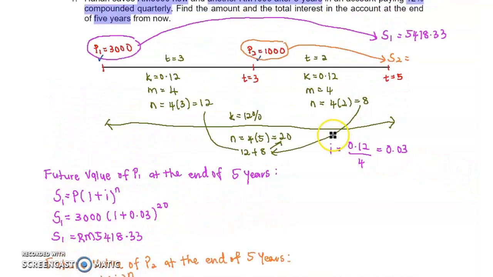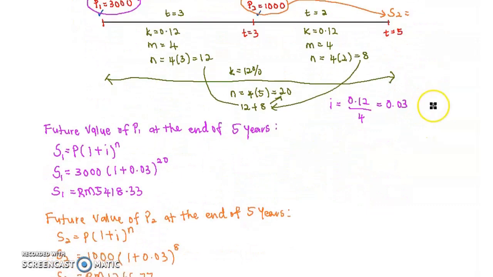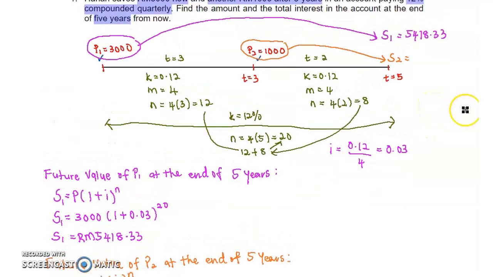Okay, the question asks us what is the amount at the end of year 5. So just now S2 is 1266.77. So if you look here, at the end of year 5, how much do we have? At the end of year 5, actually we have S1 and S2.